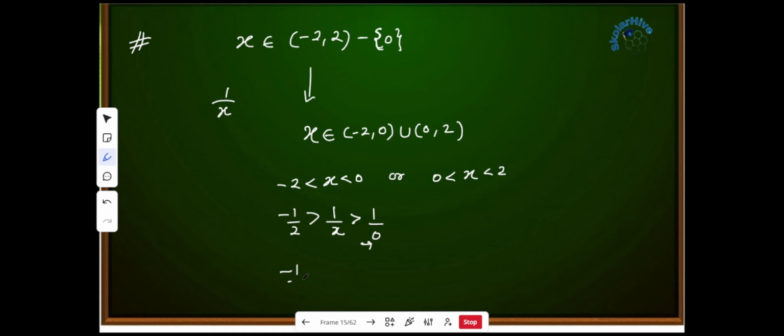So this will become 1 upon 2 greater than 1 upon x, and this will be negative infinity, because if you look over here this is 0 and the value of x is less than 0, meaning it is not exactly 0 but approaching towards 0, so whatever point we take over here will be negative.